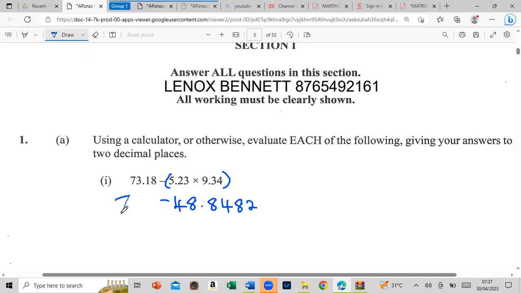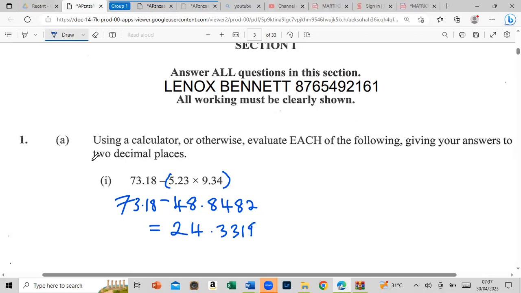All right. And then we have 73.18 minus 48.8482, which is equal to 24.3319.